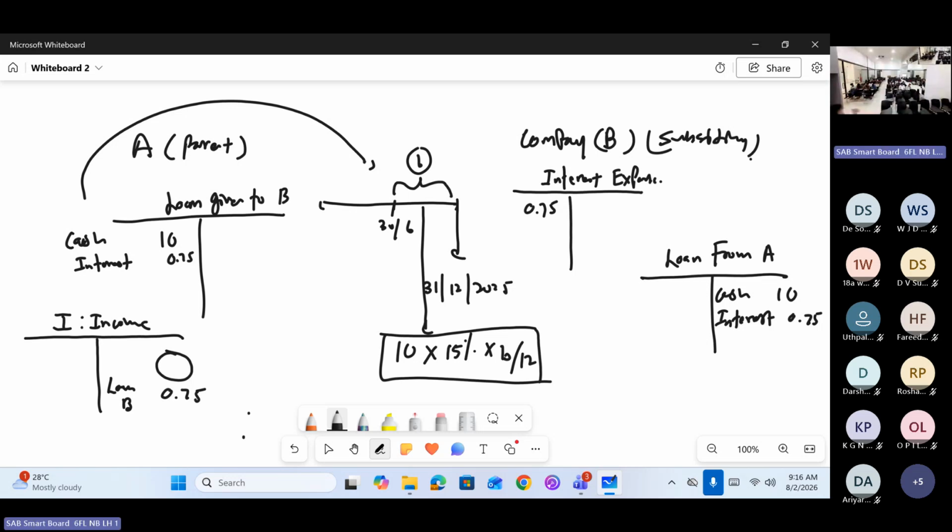How are we going to put the capital amount? 10.75 debit here, credit here. This is the double entry.